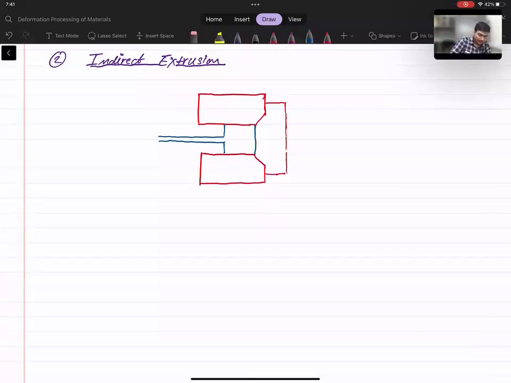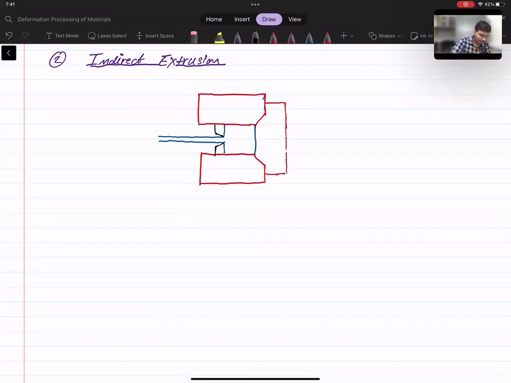And to cause this extrusion, there will be dies, as was the case in the previous one also. So, say these are the dies, and these dies are now directly connected to the ram, which is a sort of hollow ram or cylindrical type of ram with a hole in its center so that it can press the entire die, or individual dies even can be pressed by separate rams.